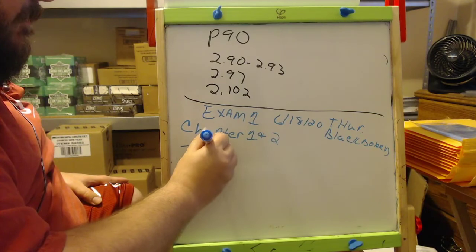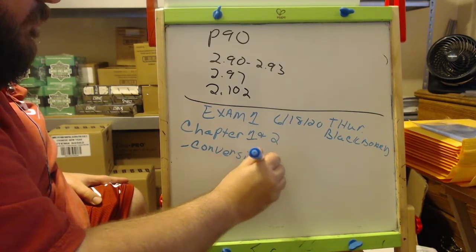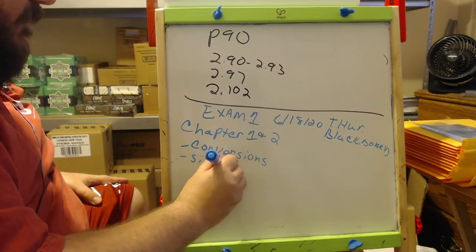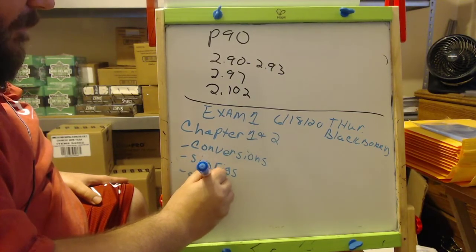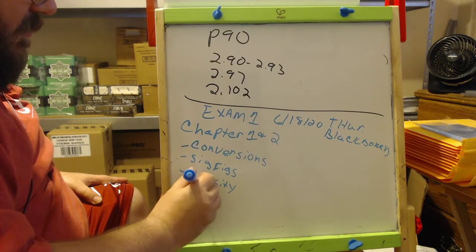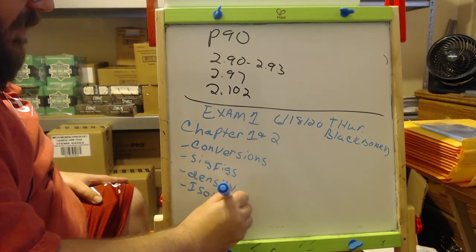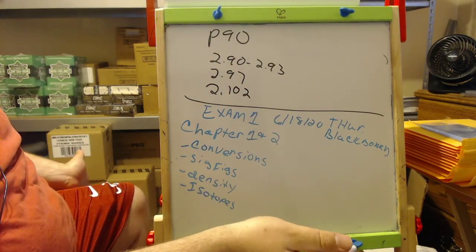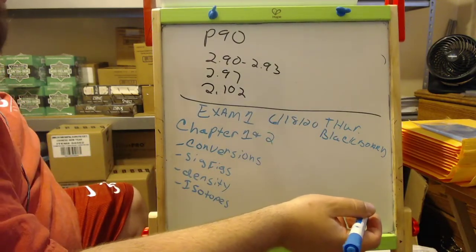I would focus on conversions, sig figs, density, isotopes. And by isotopes, I mean finding that percent abundance, protons, electrons, and neutrons, that kind of stuff. That was covered in 1 and 2.